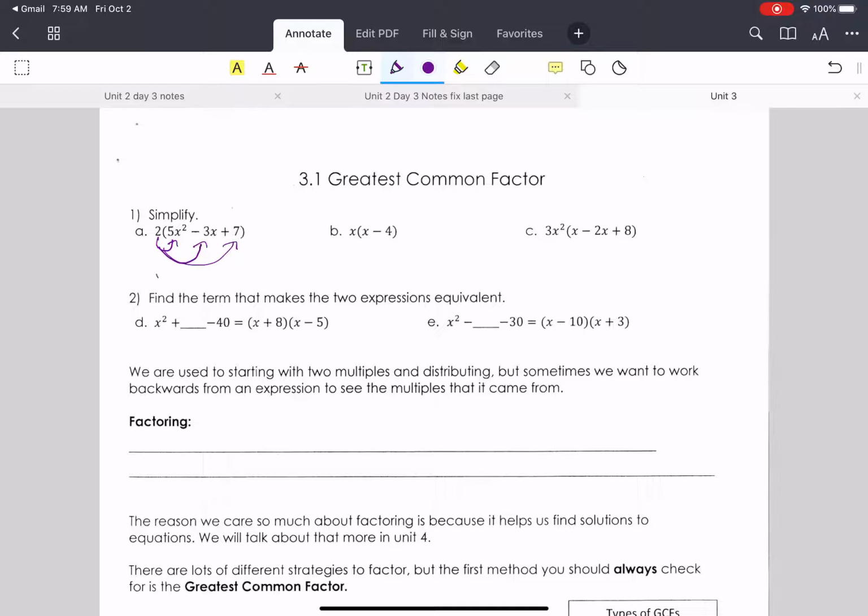So I'd have 10x squared minus 6x plus 14. Right? Okay. Then on the next one, I'd have x squared minus 4x. Okay. Take a second and try part C.